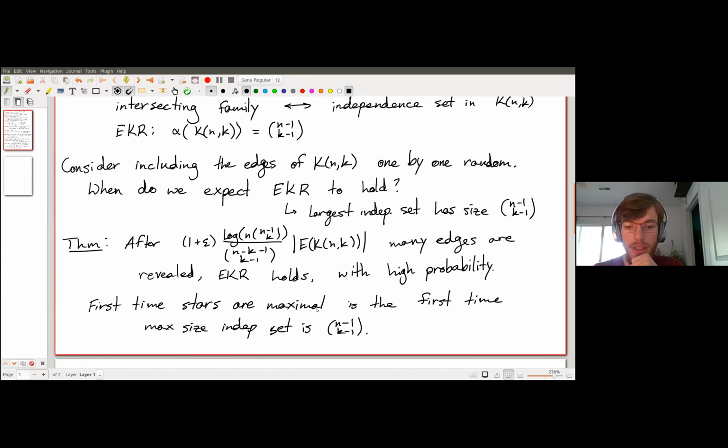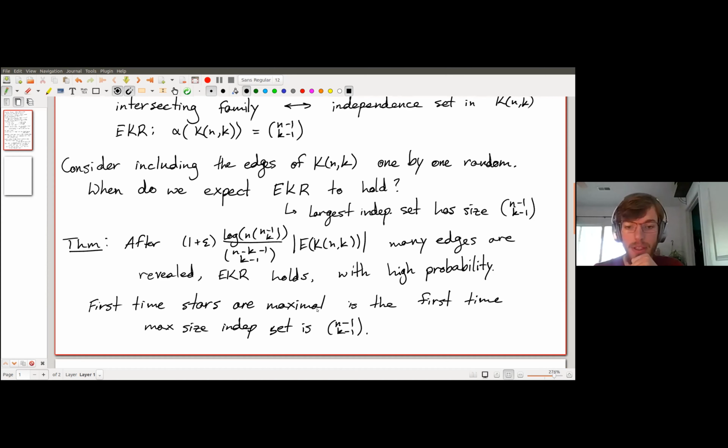So do you have to wait for all the edges to be revealed to get EKR holding with probability 1? Well, actually, no. You can still leave away a few deliberately chosen edges and still have the maximum independent set have this size.